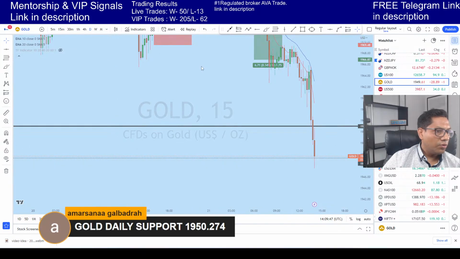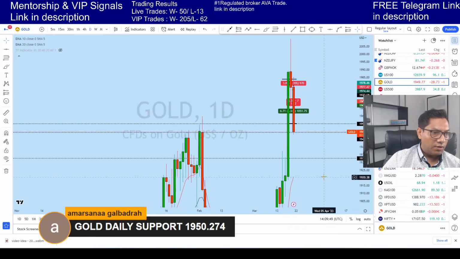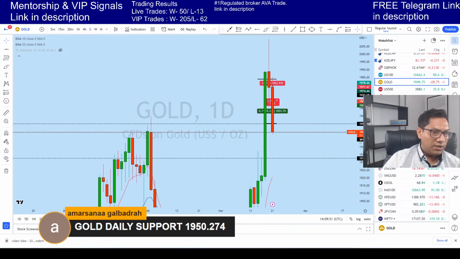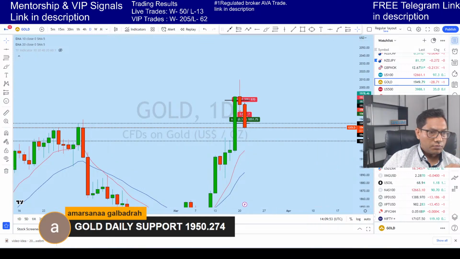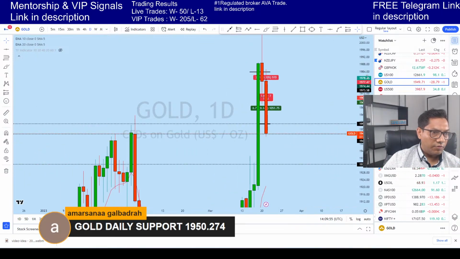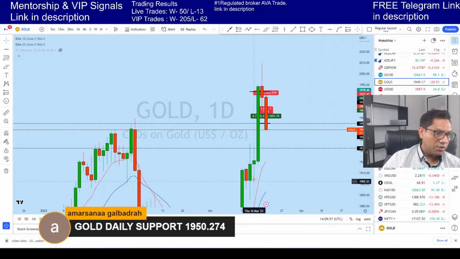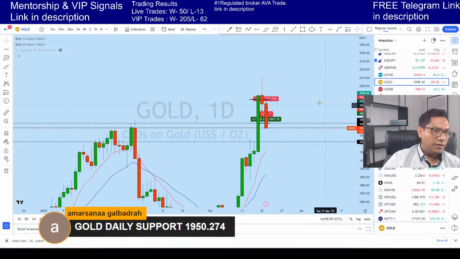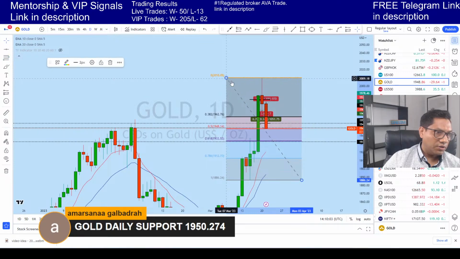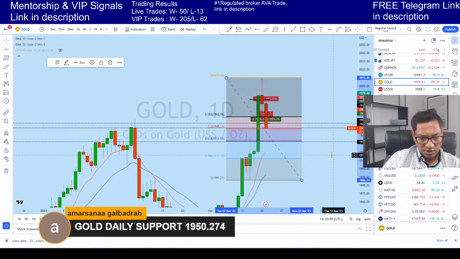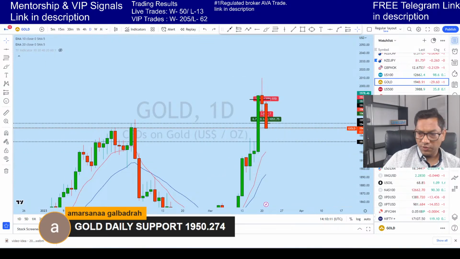Yeah, so if you look at daily, okay, from the daily perspective, this is the impulse on the daily, and I think it is coming to the Fibonacci level. If we take the Fibonacci, this is the 61.8% Fibonacci. Now at 50%, we might see that the Fibonacci is being retraced.